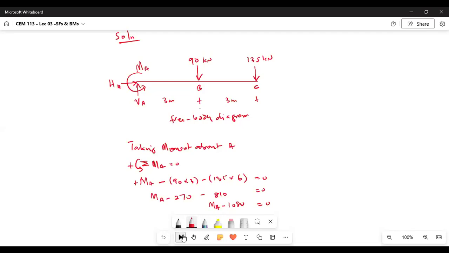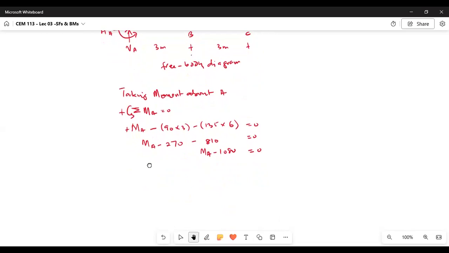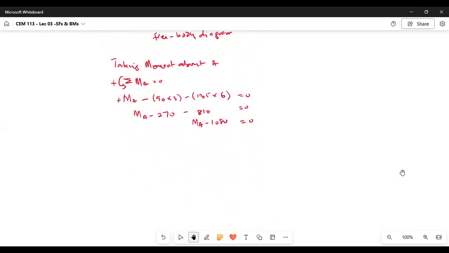Okay, so we proceed with just the usual mathematics until we get what we want. So MA here is equal to 1080 kilonewton meter.